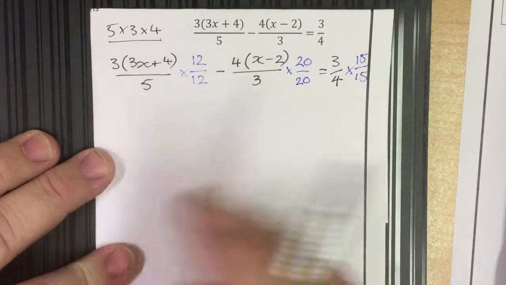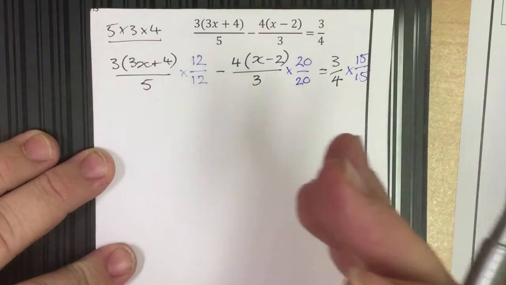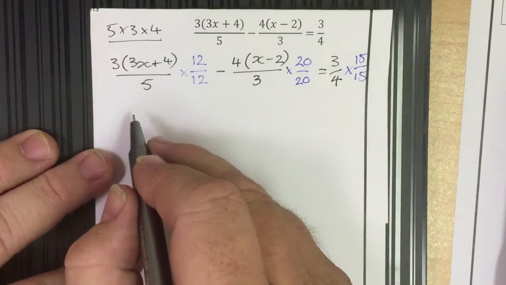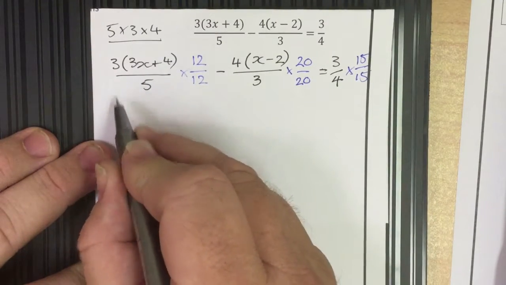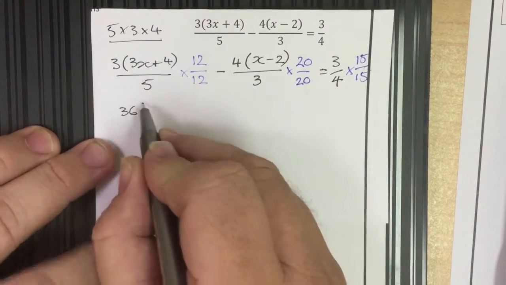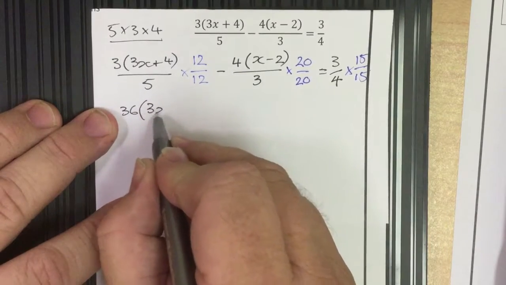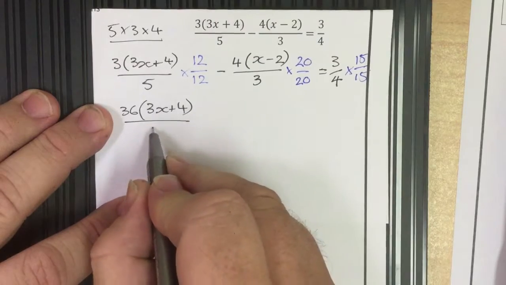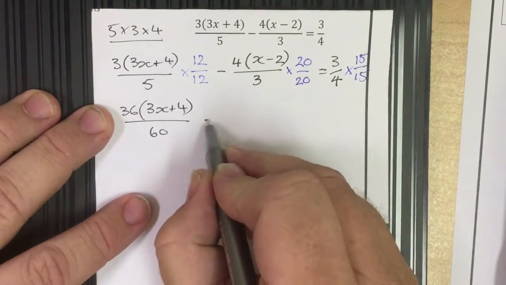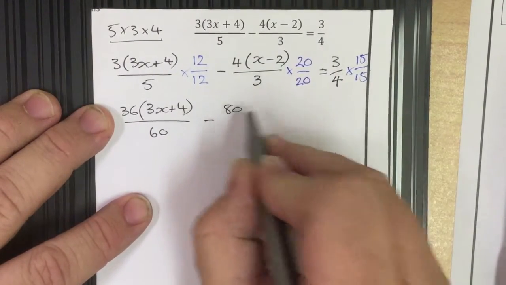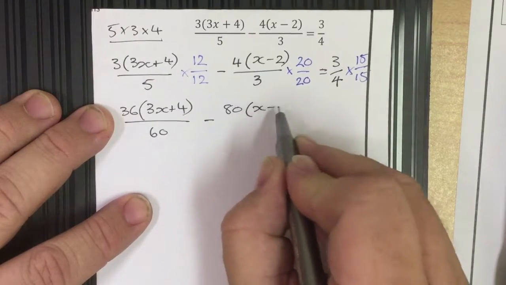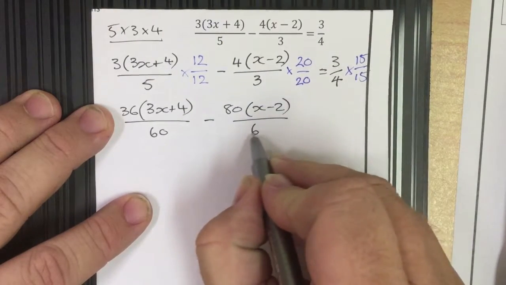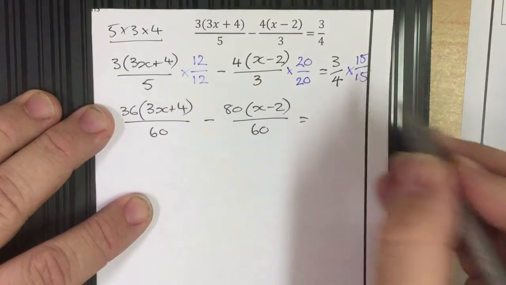I'm going to keep it distributed for now. That way it's a bit easier to move around and to deal with. So 3 times 12 is 36. Leave my product in here. Over here, 4 times 20 is 80, x minus 2 over 60, and over here I've got 45 on 60.